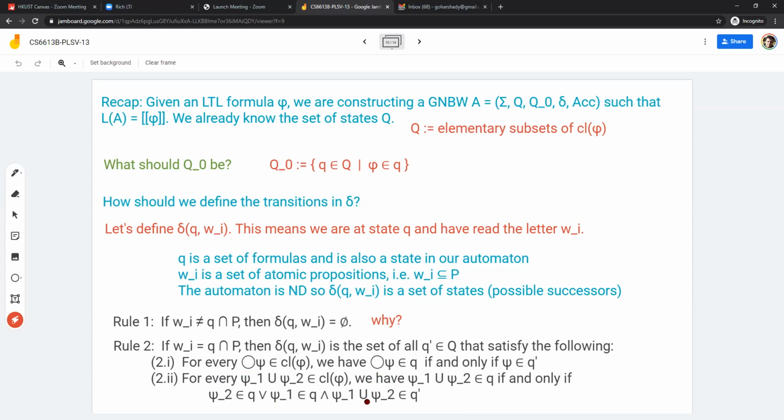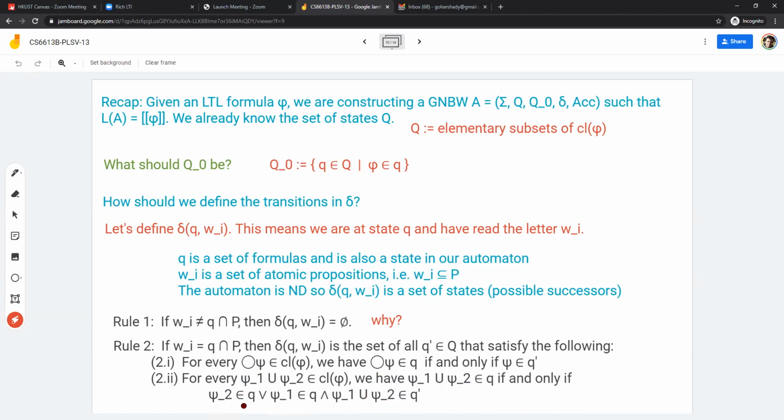Now, we also had this rule for until. If in Q, I have psi1 until psi2, this was the part where I was talking about making a promise. Then I should either have psi2 right now, which satisfies this, or I should have psi1 right now and promise to have psi1 until psi2 in the next step.